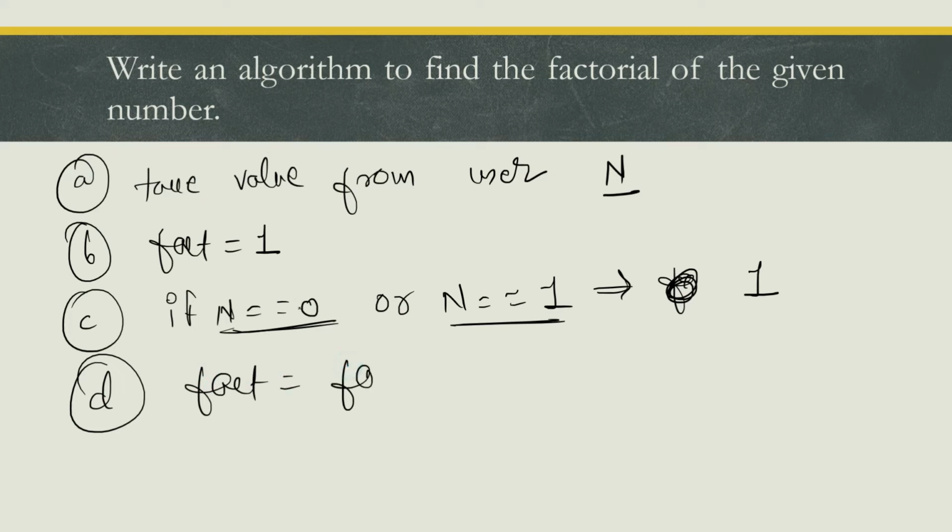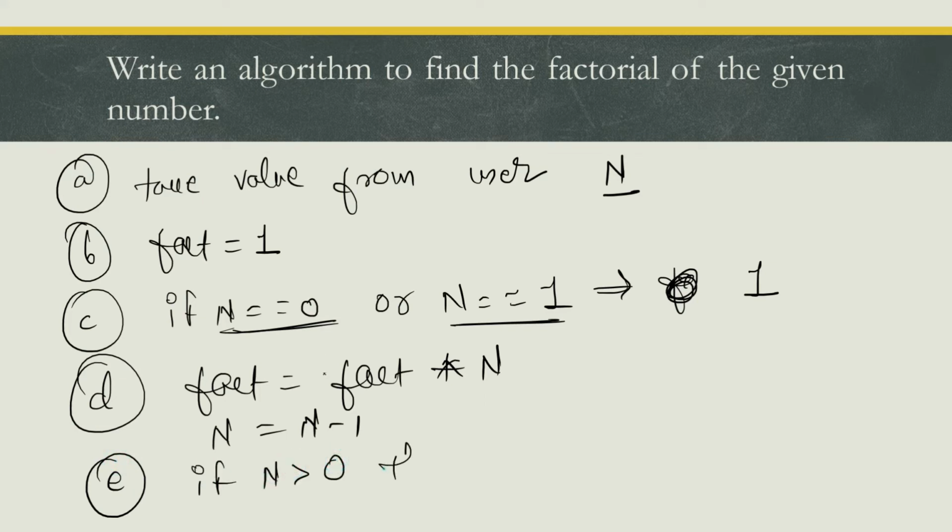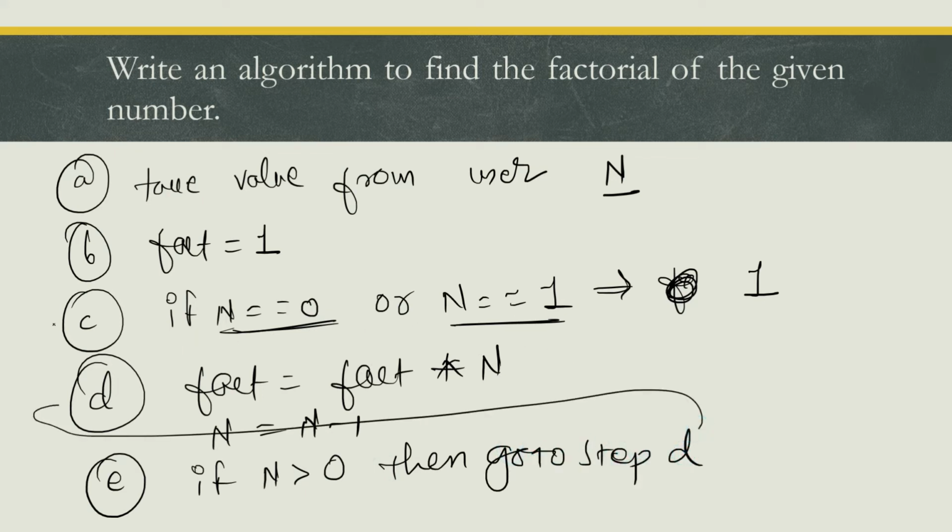Fact is equal to fact into n, then n is equal to n minus 1. Then we have to check if n is greater than 0, then go to that step again. Then the result is in which variable?